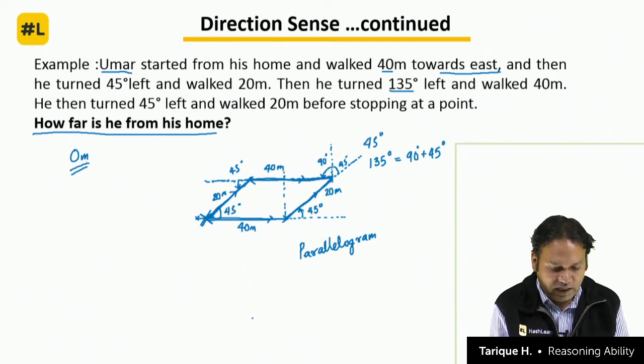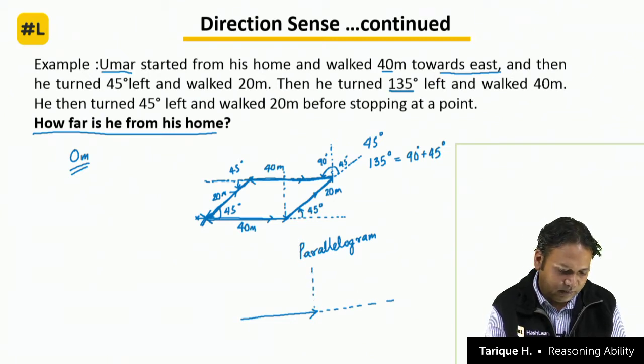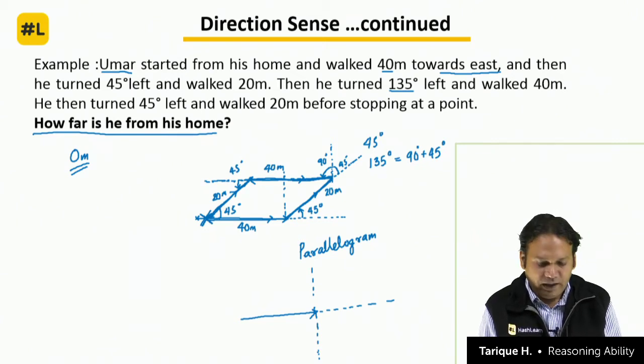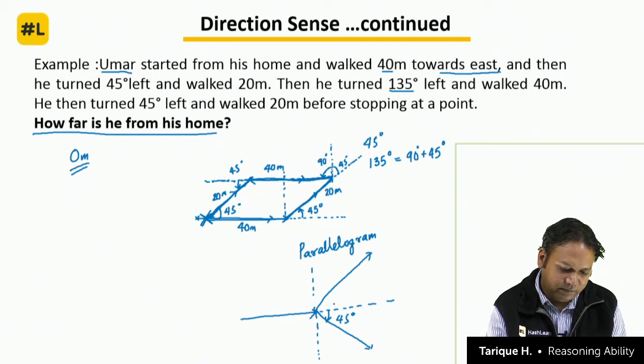Whenever a person goes 45 degrees left or 135 degrees left, always calculate from the line of sight, whether he is going right or left. You draw this kind of line. If he goes 45 degrees right, he will go this side. If he goes 45 degrees left, he will go this side. That is what we mean by 45 degrees left.